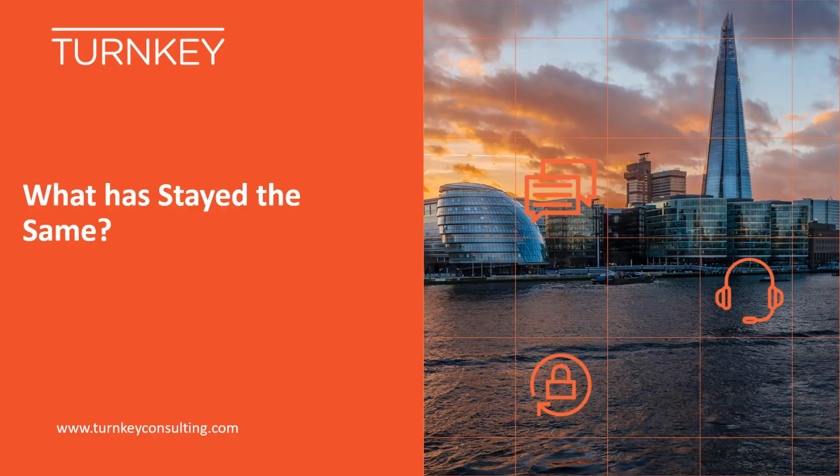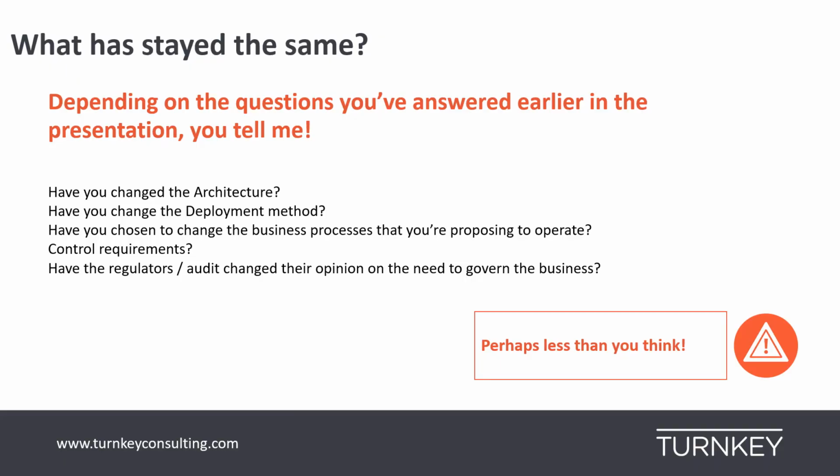So what has stayed the same? Well, depending upon the questions that you've probably been asking yourself throughout and how you've answered those in your head, it's probably worthwhile at this point, you may be telling me. We'll be having a little bit of a Q&A later on in our virtual summit. But really, have you changed the overall architecture?